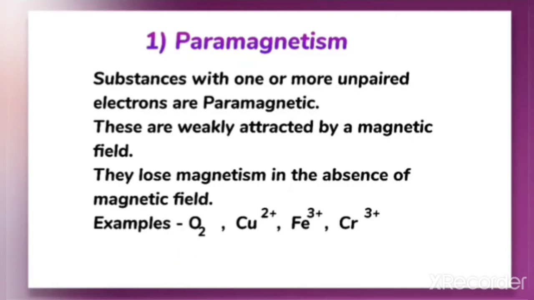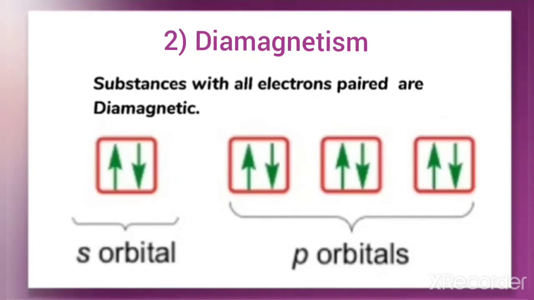Next, in this example you can see that all the electrons are paired. Substances in which all the electrons are paired are called diamagnetic. Here an orbital diagram is given and the electrons are shown as arrows. When you look at it, all the electrons are paired.